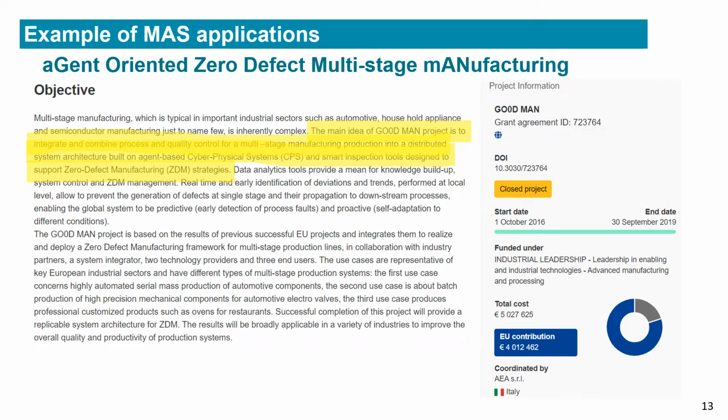Another example of multi-agent system applications is another project called GOODMAN, with the title Agent-Oriented Zero-Defect Multi-Stage Manufacturing. As you can see in this highlighted text, the main idea of the GOODMAN project is to integrate and combine process and quality control for multi-stage manufacturing production into a distributed system architecture built on agent-based cyber-physical systems and smart inspection tools designed to support zero-defect manufacturing strategies.